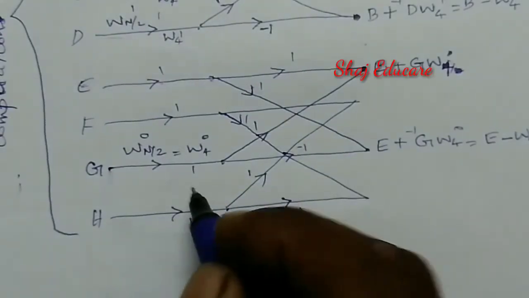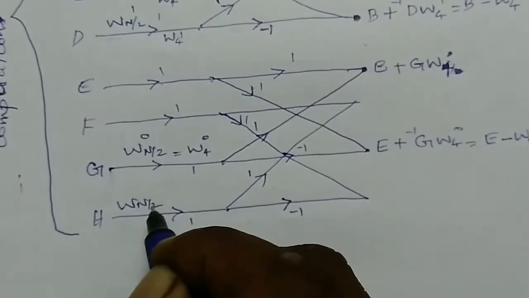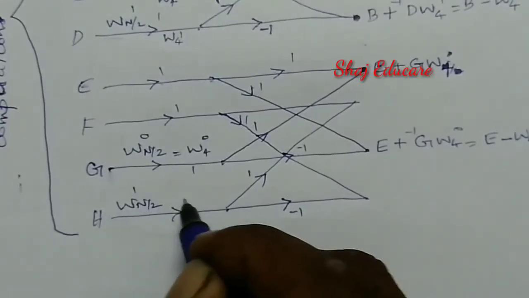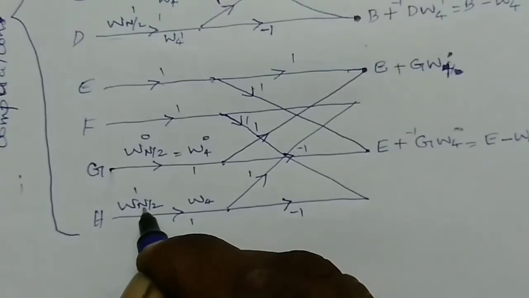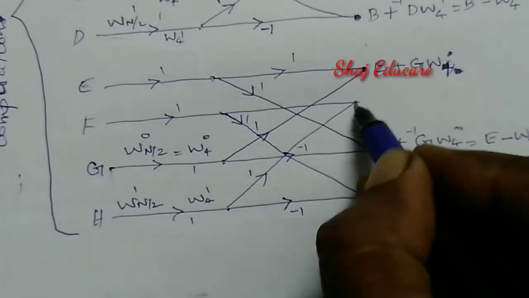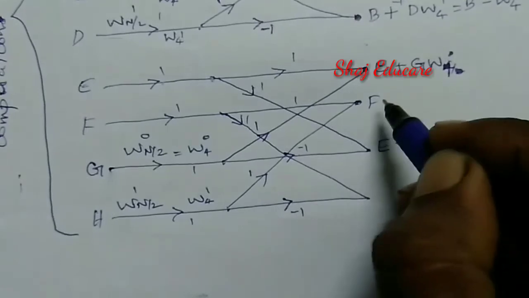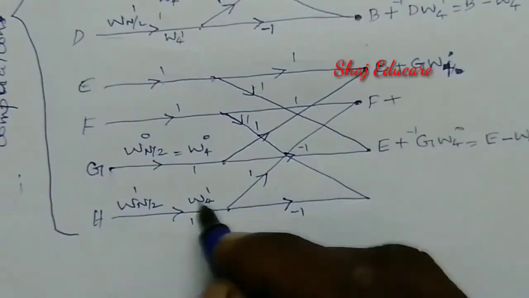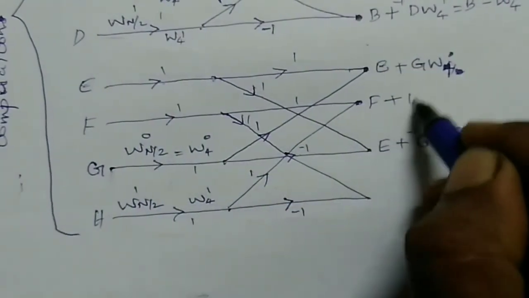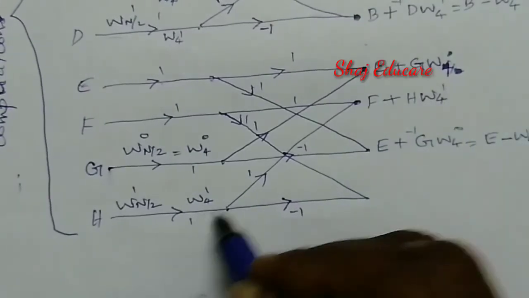Now here we have the phase factor W_(N/2) raised to 1, that is equal to W_(8/2) raised to 1, which is W_4 raised to 1. This is good. Now let us complete the output equation. Here F into 1, and here also 1, that becomes F itself, plus another connection from H into W_4 raised to 1 into 1.